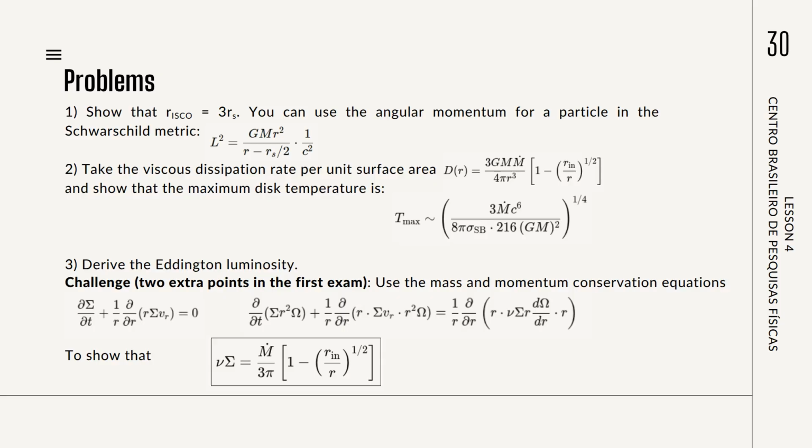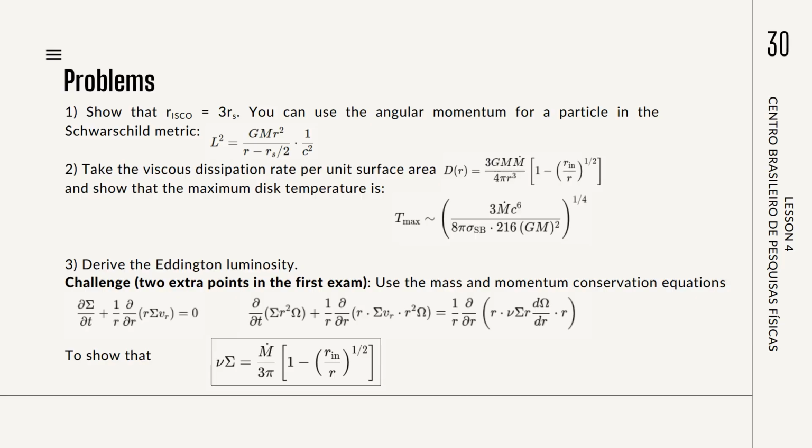And this is the challenge one. You don't need to do it, it's not mandatory. But if you do, you have 2 extra points in the first oral exam. So the challenge is to prove this one. This passage, we use it when looking for the temperature profile of the accretion disk. I simply assumed this there, but you can derive this.